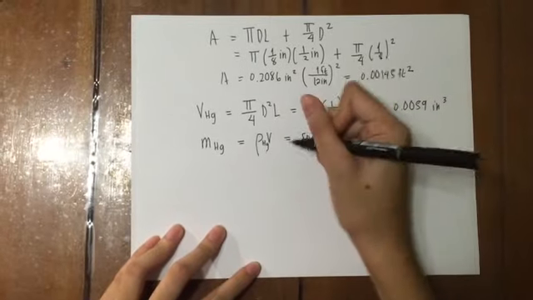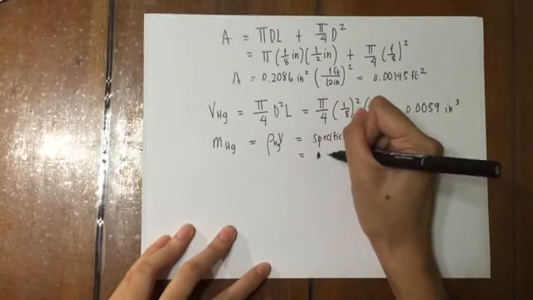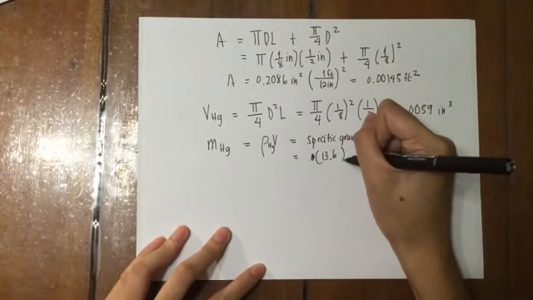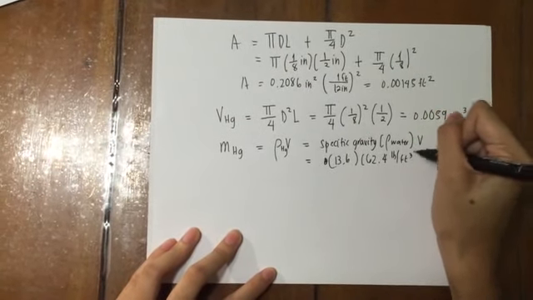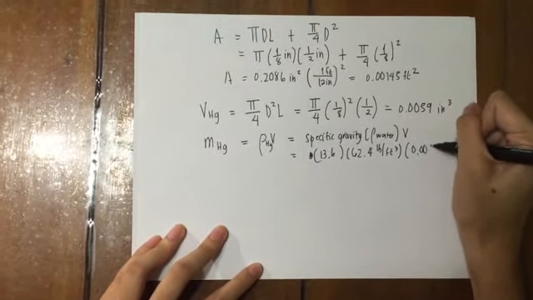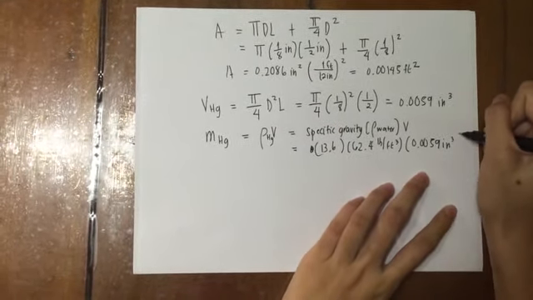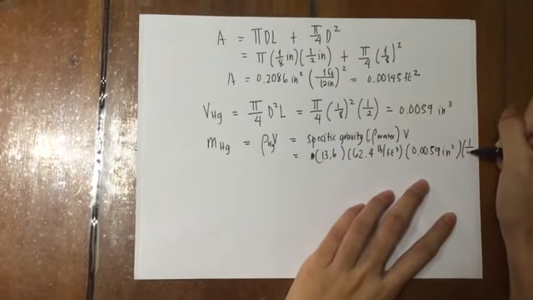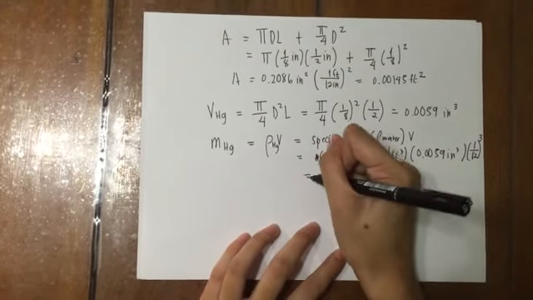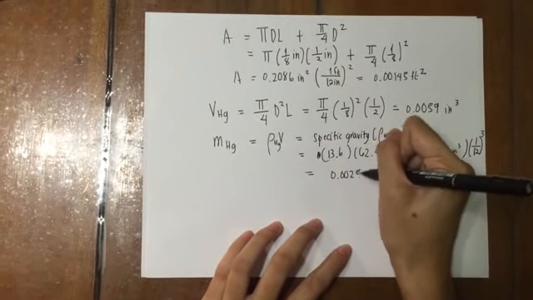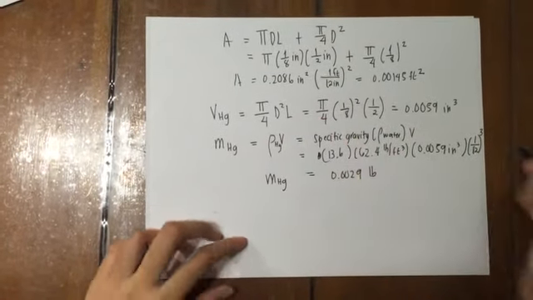So the specific gravity of mercury is 13.6 times 62.4, the density of water, and the volume of the mercury, which is 0.0059 inch cubed, and converting this into feet cubed, we will now have 0.0029 pounds of mercury.